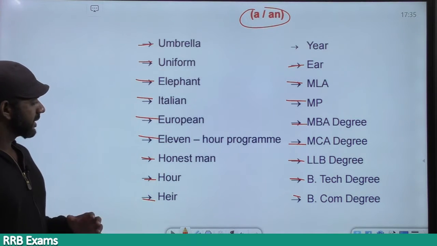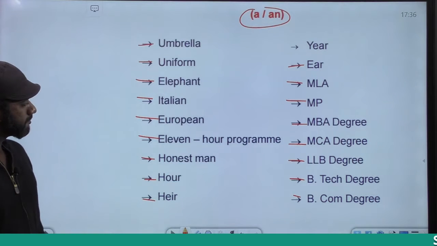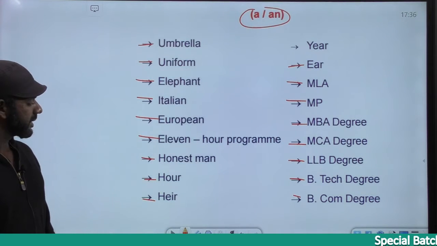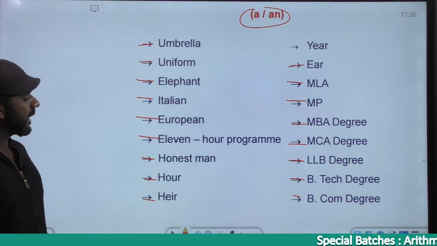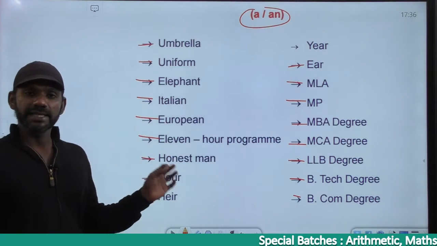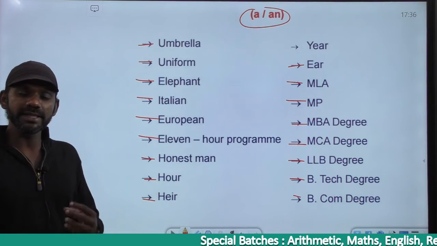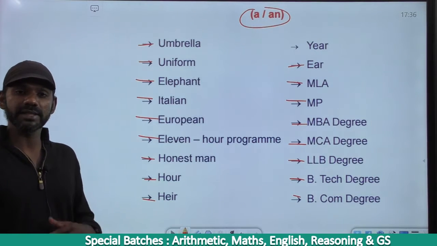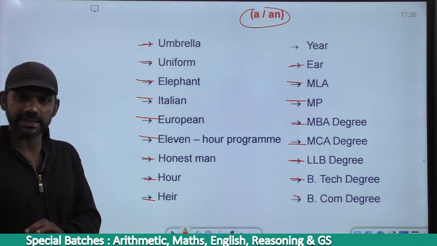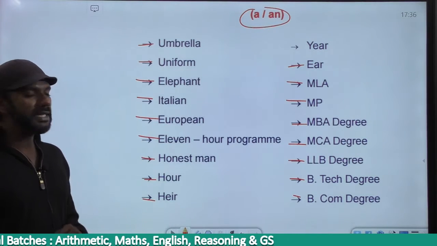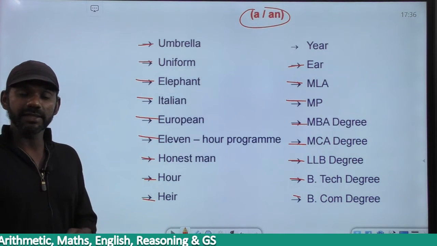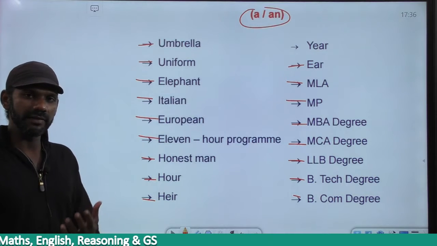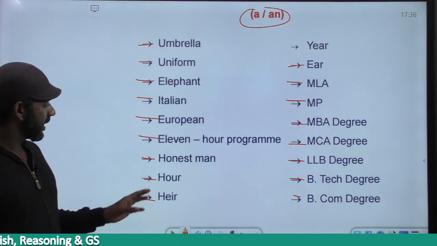I'll come back to it. Dash honest man, dash air. Now HONEST. H-O-N-E-S-T is pronounced as onest. H is silent here. It is not pronounced as honest with an H, it is pronounced without the H. E-L-E-V-E-N is pronounced as eleven.